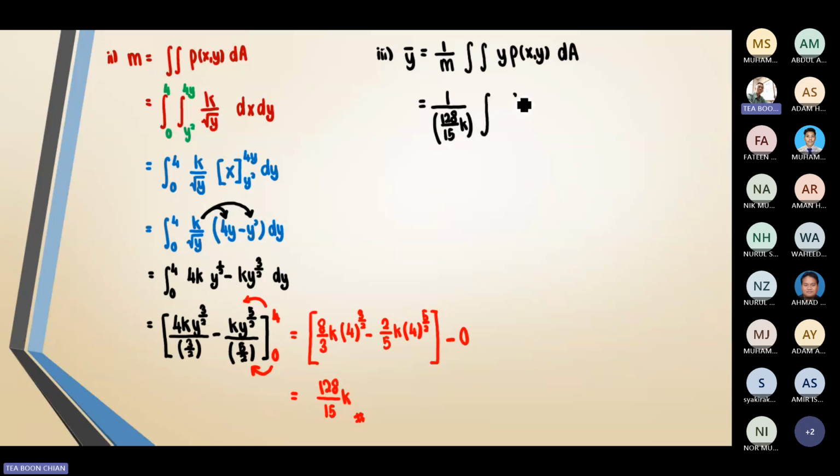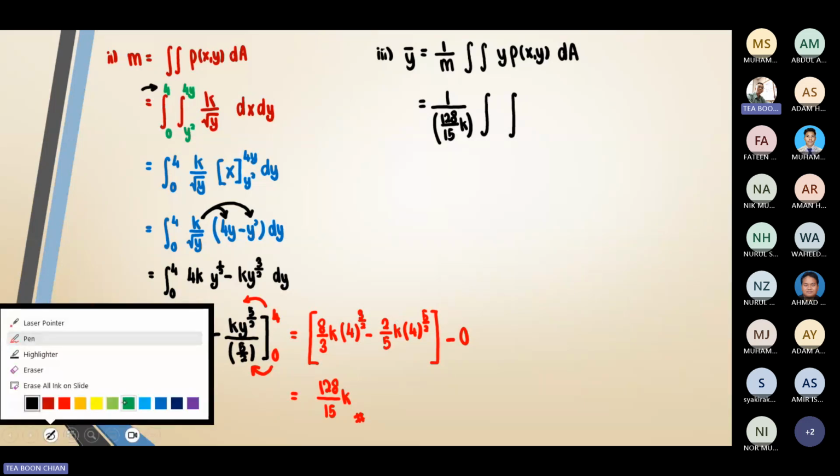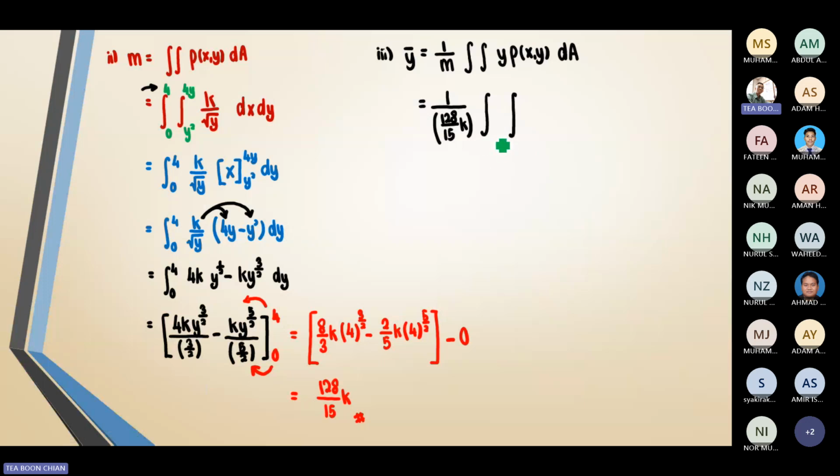Double integration. Once you've done it, whatever integral you used here, you simply copy and paste it to the coordinates from 0 to 4, from y squared to 4y, dx dy; you still fix it. The only part you have to be careful with here is y multiplied by the density function, because you have the additional y variable, and the density function is given by k over square root of y.